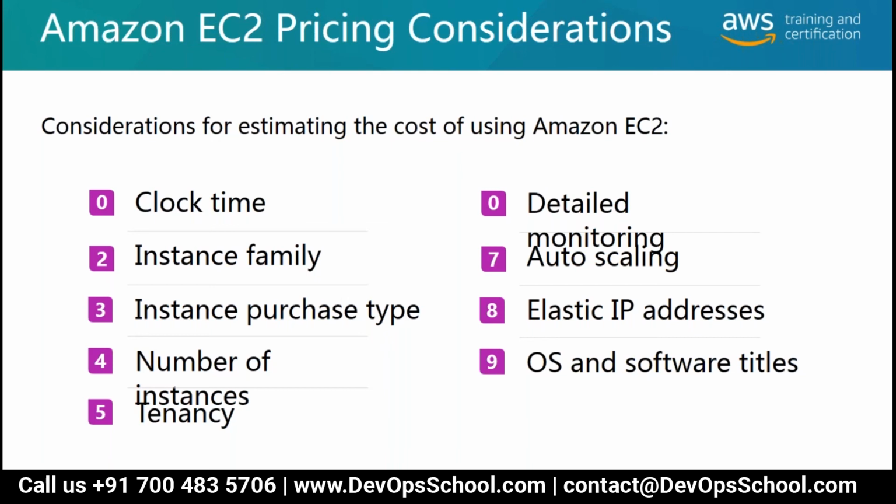And what is the right amount of size for your temporary storage? That is something you have to consider. You have to think about buffers, cache and any temporary content in your EC2 instance store, and how long you want to store that content. Are you storing any content which is required for long-term storage in the EC2 instance store, which is not recommended? So you have to consider that also.